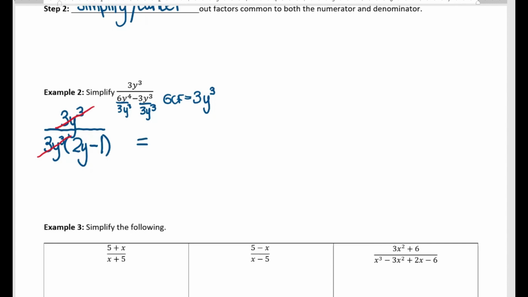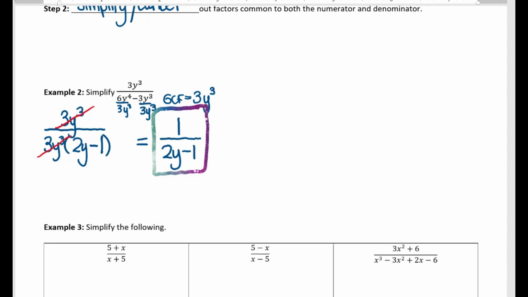What happens in the denominator stays in the denominator. So that 2y minus 1 needs to stay in the bottom. We canceled everything out. We did 3y cubed and 3y cubed. 3 divided by 3 gets us 1, so we have a placeholder of 1 in the numerator.